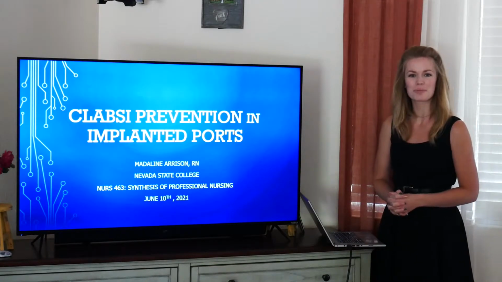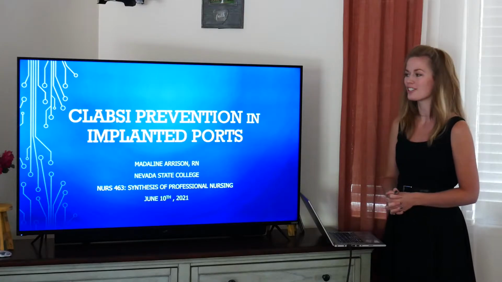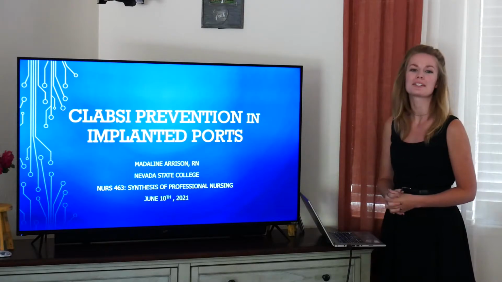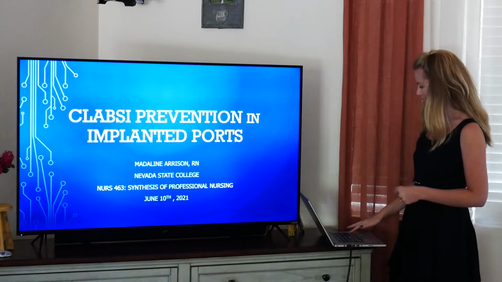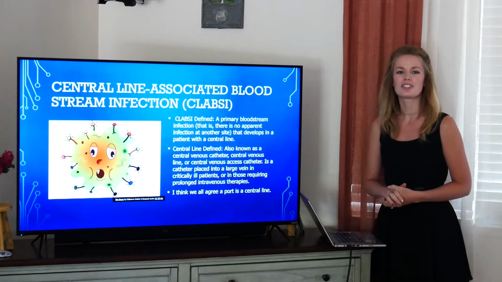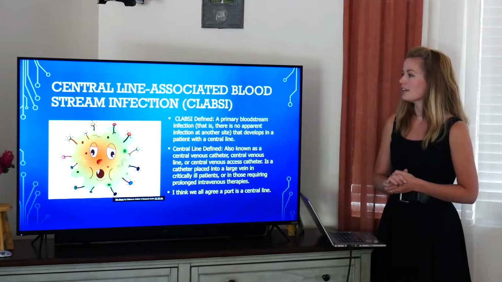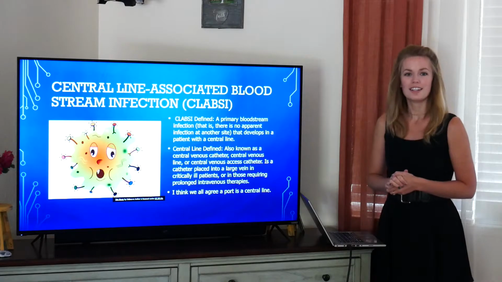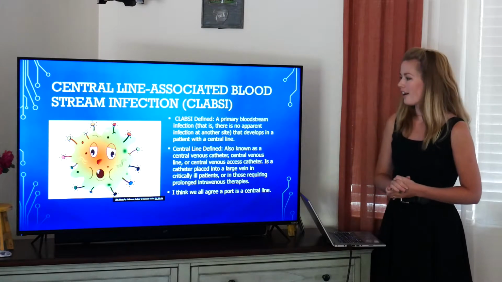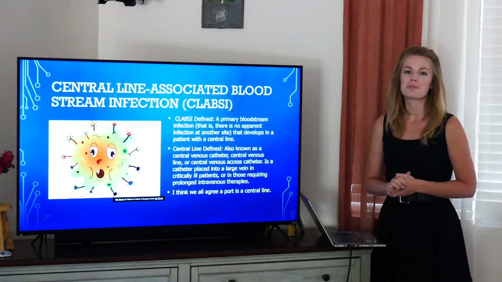I am going to present to you my topic, which is CLABSI prevention in implanted ports. As just a little bit of review, we're going to go over what a CLABSI is, or a central line associated bloodstream infection. A CLABSI is defined as a primary bloodstream infection.